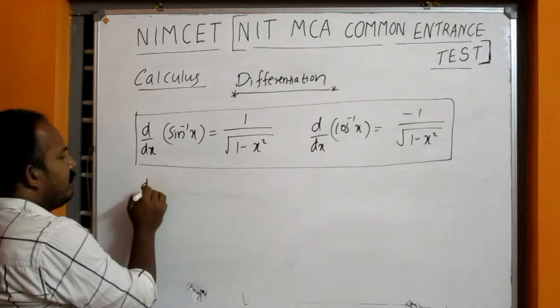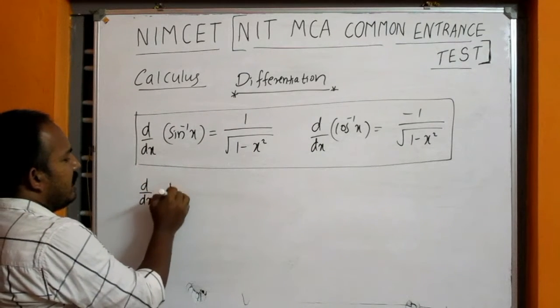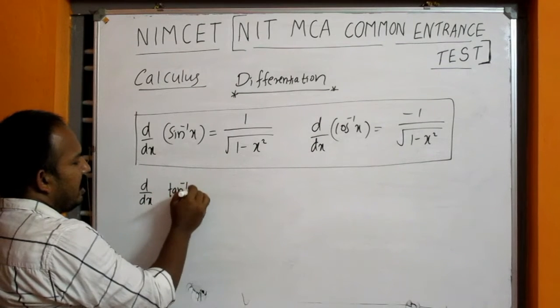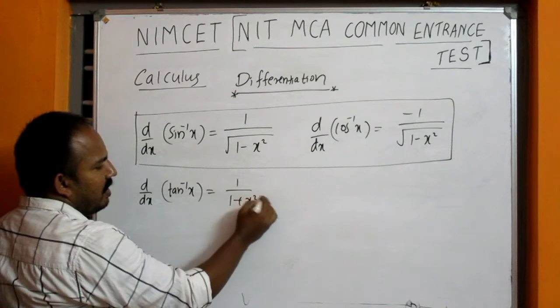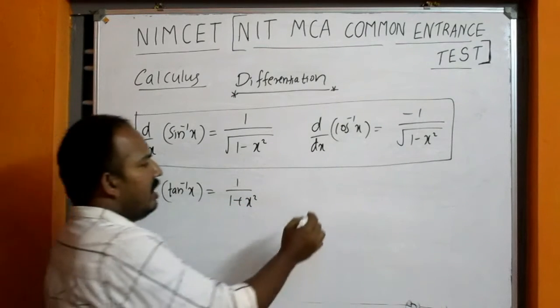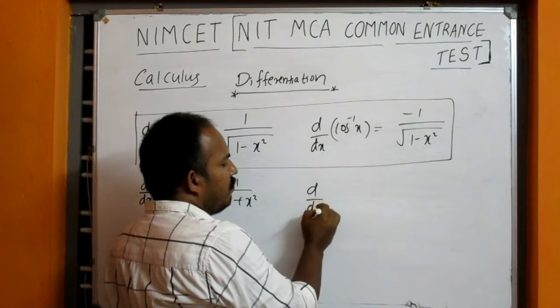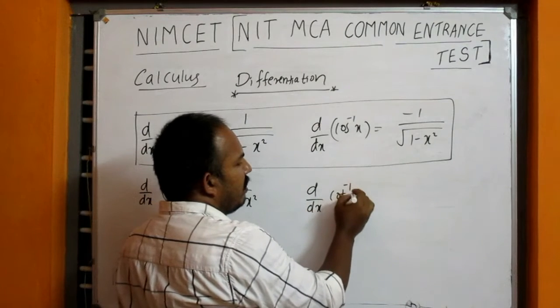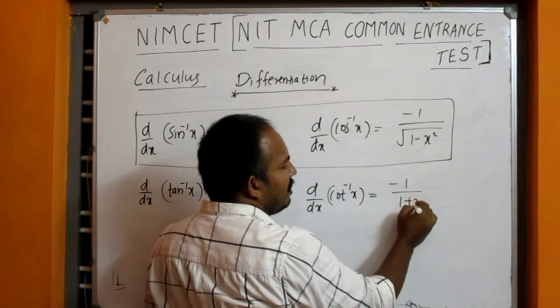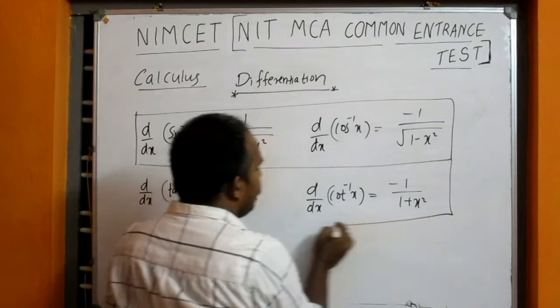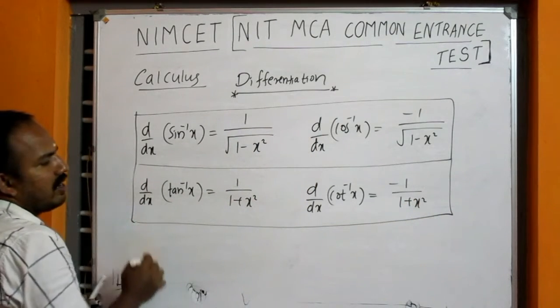And d by dx of tan inverse x equal to 1 by 1 plus x square. Similarly, d by dx of cot inverse x equal to minus 1 by 1 plus x square. Always minus with cot.